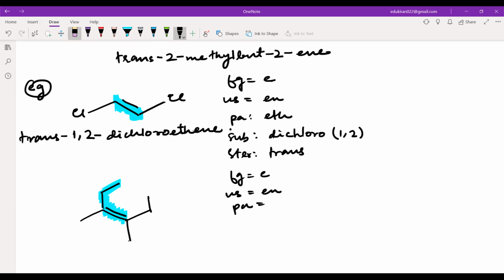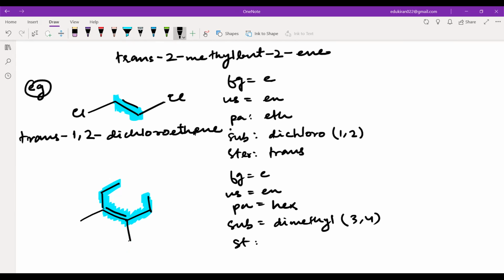Now the parent will be this. As you can see, similar groups are attached here. So 1, 2, 3, 4, 5, 6. Parent is hex. The substituent is dimethyl, at 1, 2, 3, 4.